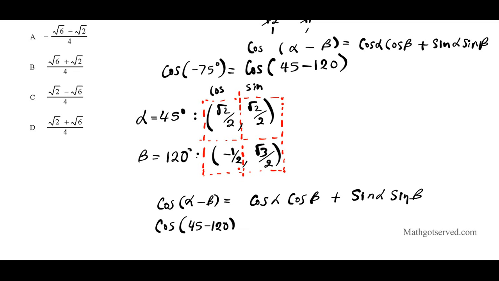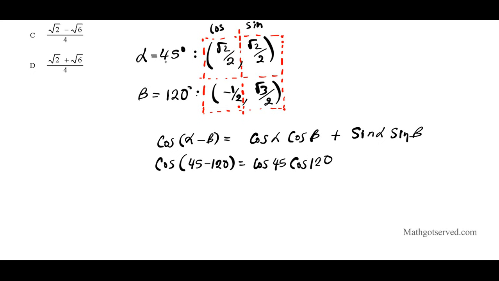So I'm going to use this formula as a guide, okay? So cosine alpha is going to be cosine 45. Cosine beta is cosine 120. We already established that earlier here. This is alpha and this is beta. Plus sine alpha is sine 45. Sine beta is sine 120. Okay? All right, so what is cosine 45?